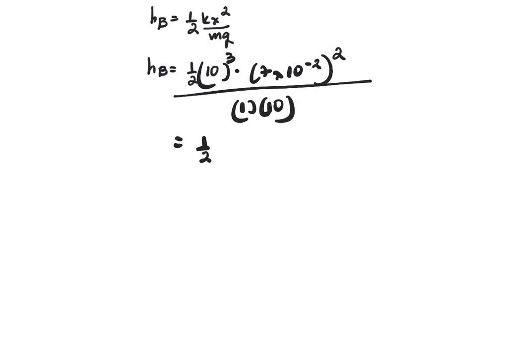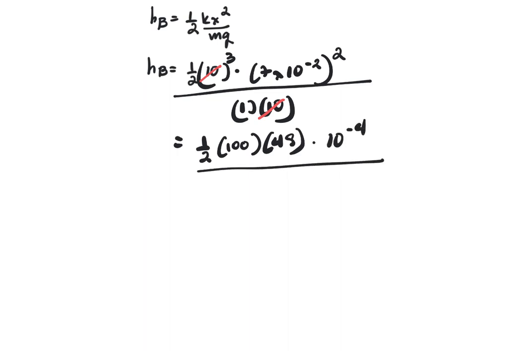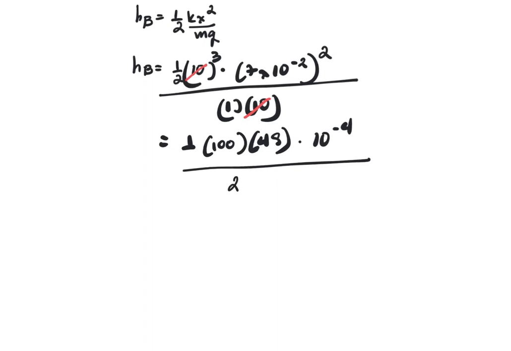If you take out 110 from here and 110 from here, we end up with 100 times 49 times 10 to the negative 4 over 2.